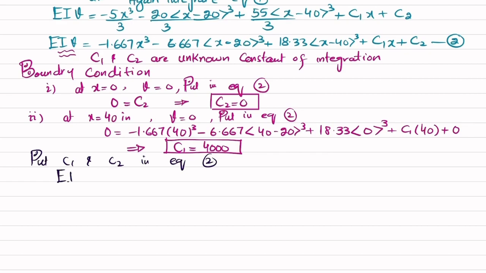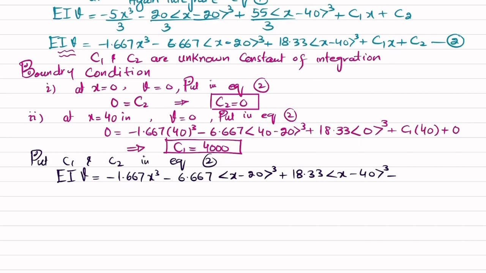So EI into V is equal to minus 1.667 x cube minus 6.667 into x minus 20 whole cube plus 18.33 into x minus 40 whole cube. C1 is 4000, so plus 4000 x, and plus C2 is 0. So this is the equation.